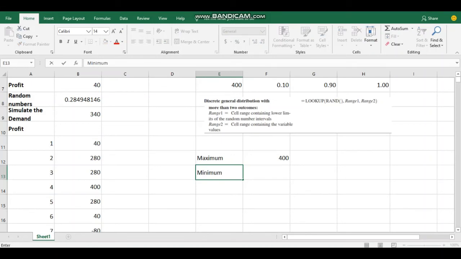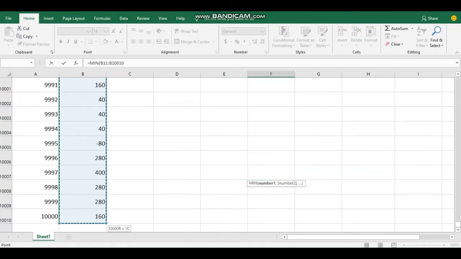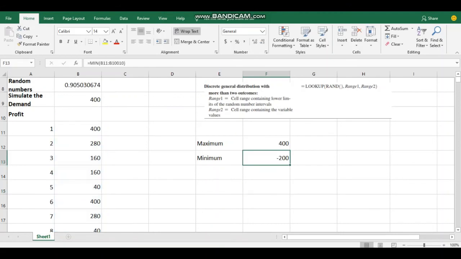Click here, minimum function, control shift down, close the bracket. Now the maximum is 400 and the minimum is 200. Keep on pressing F9. The maximum and minimum value won't change because it has taken that range.